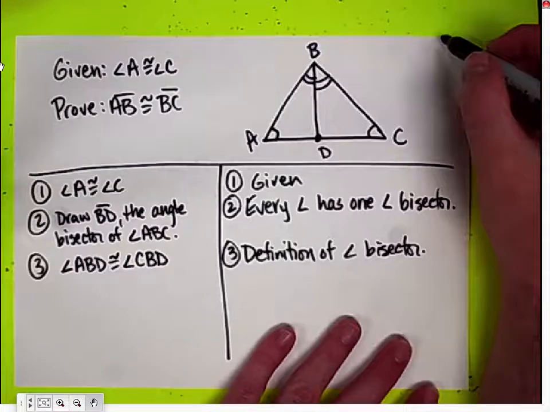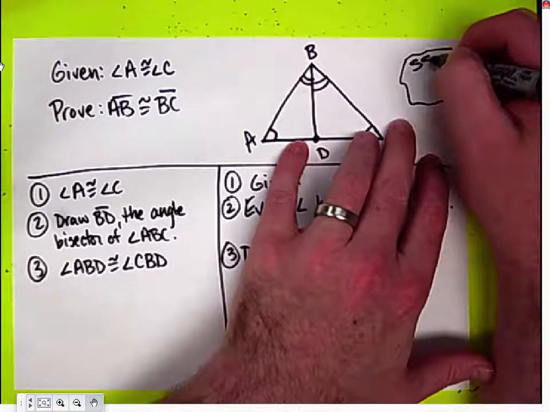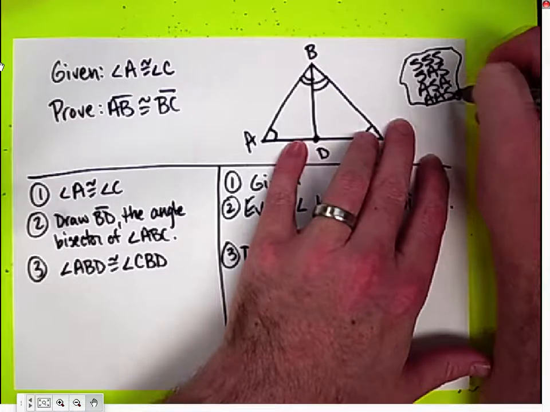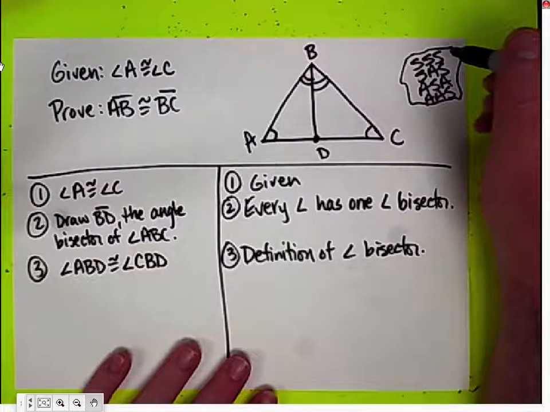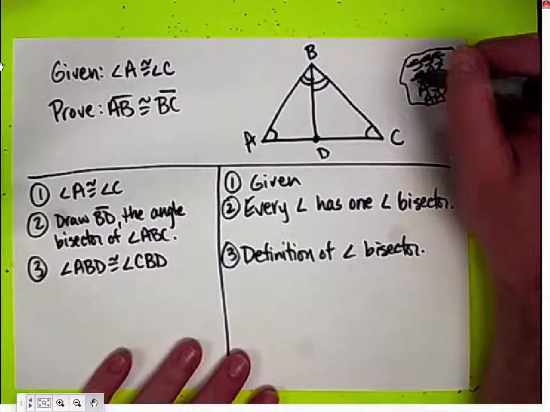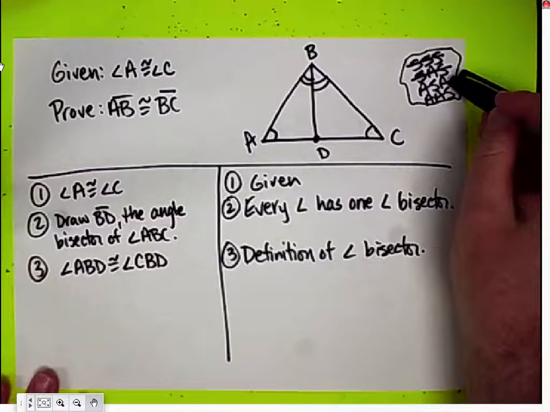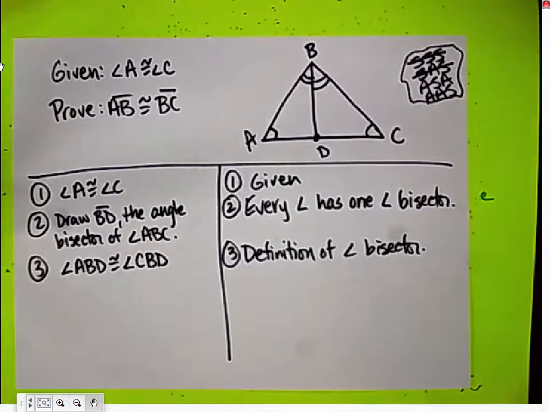All right, so over here on your scrap paper, you've got side, side, side, side, angle, side, angle, angle, side. Which ones can we eliminate? Yes, side, side, side, and side, angle, side, because we already know two angles. The great thing about knowing two angles is you only have to prove any side. We have a theorem or a postulate that says if it's the included side, and a postulate that says if it's not an included side.